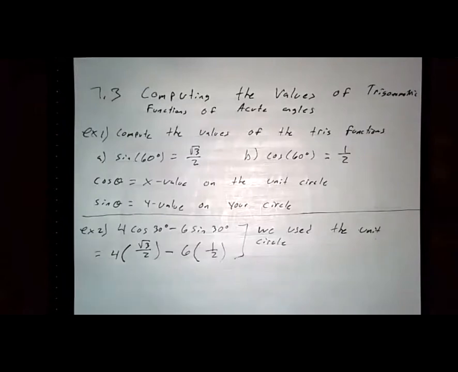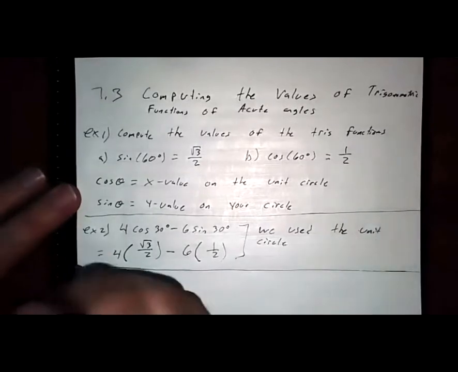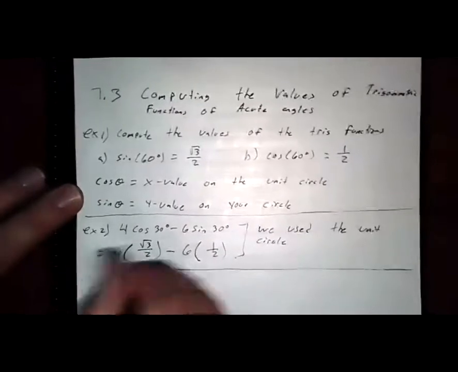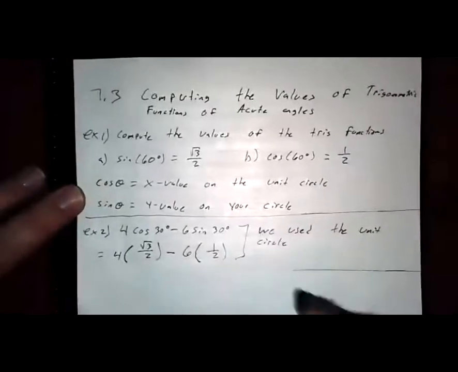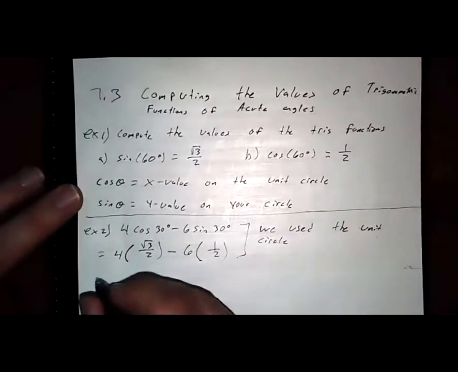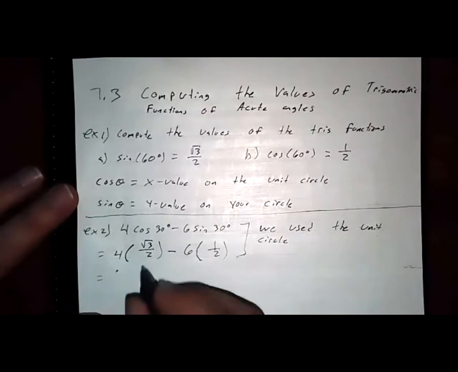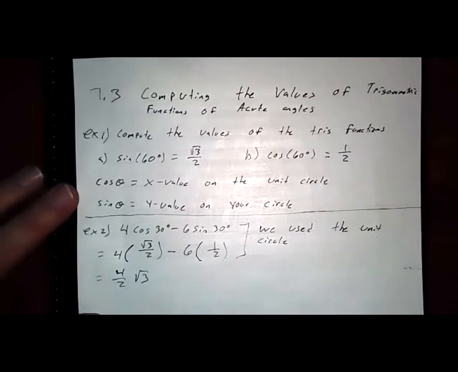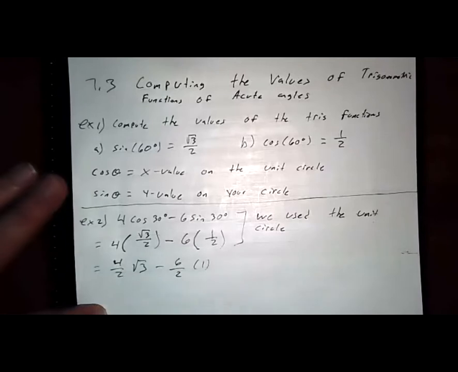Any questions on that first one or that second problem? Oh, I guess we should solve that, huh? Just for fun. So 4 times square root 3 over 2. That's the same as saying 4 over 2 times square root of 3 minus 6 over 2 times 1.